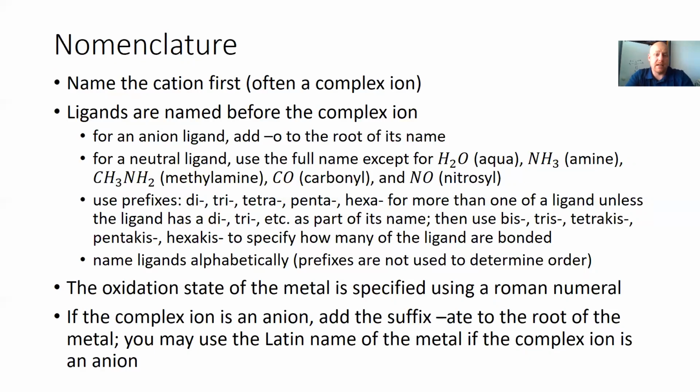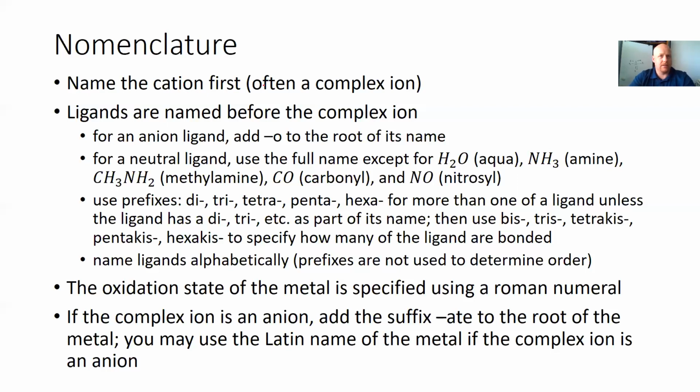I don't want to get into the examples just yet; I want us to study for the exam you're having on Thursday. But I want these rules to be there so that when we come back on Tuesday after the exam, we can jump right into nomenclature and start to look at the structure of these complex ions a little bit more.